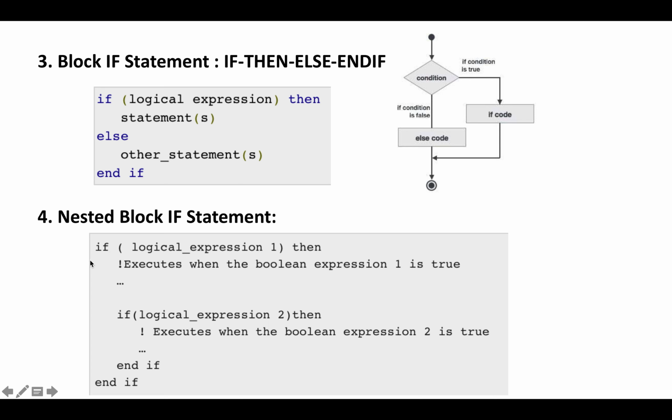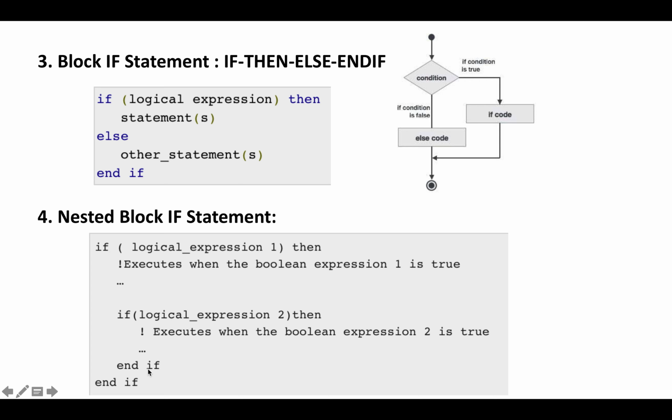So the syntax is: if logical expression 1, that is if logical expression 1 is true, execute these sets of statements. Inside this if we have again defined another if. If logical expression 2, then it has to execute this set of statements, and end if.